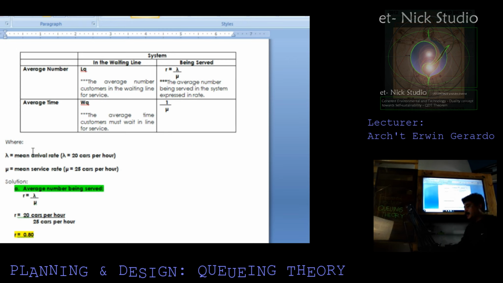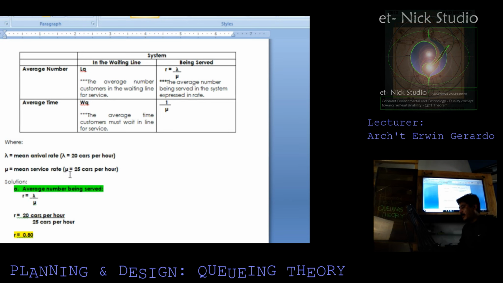Where alpha means the arrival rate. So there are 20 cars per hour, while mu serves as the mean service rate. When you say service, this is the work that has been operated during that time.